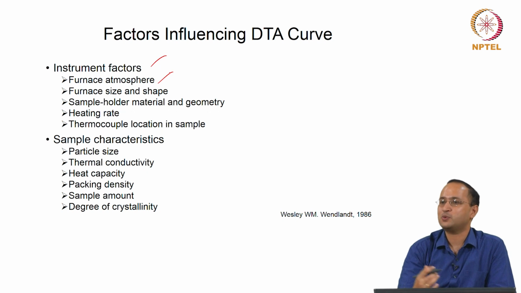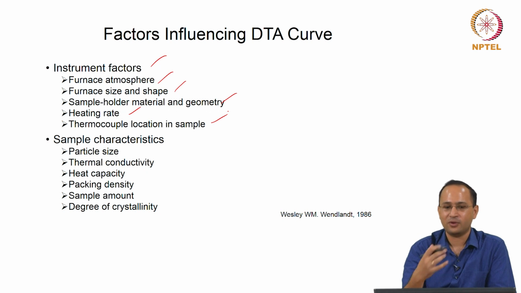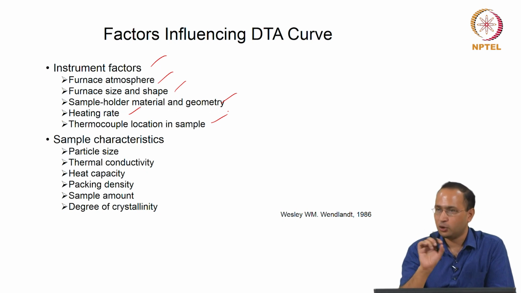What kind of atmosphere you have in the furnace. Suppose you have oxygen, then you may trigger oxidation. If you have carbon dioxide, you may have carbonation, right. So furnace atmosphere, furnace size and shape, sample holder material and geometry, heating rate, thermocouple location in the sample, these are some instrument factors which can affect your DTA curve.